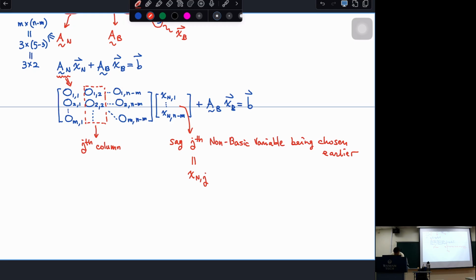And here we can say this is like a matrix, the AN matrix, but every component, or I would say jth column. Let me just write it in this way. The jth column. Okay.